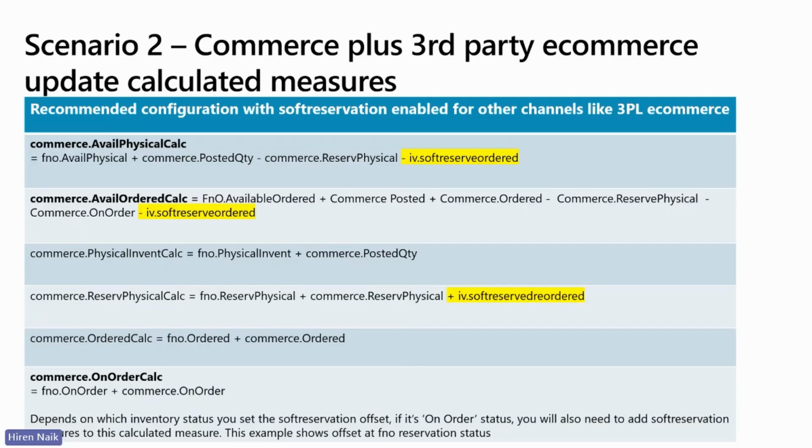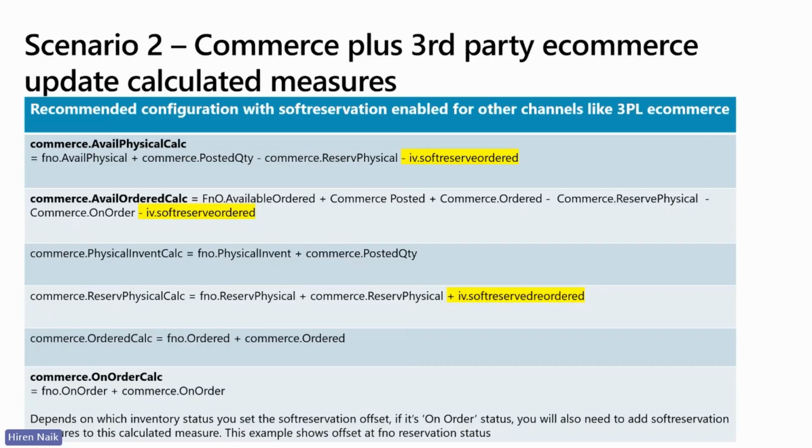That means to unify the inventory calculation, you need to modify your out-of-box Commerce calculated measures and make sure that you include those soft reserve ordered quantities in your calculation. For example, the commerce available physical calculation needs to also deduct the IV.soft reserve ordered, meaning deducting your third-party e-commerce reservations as well.